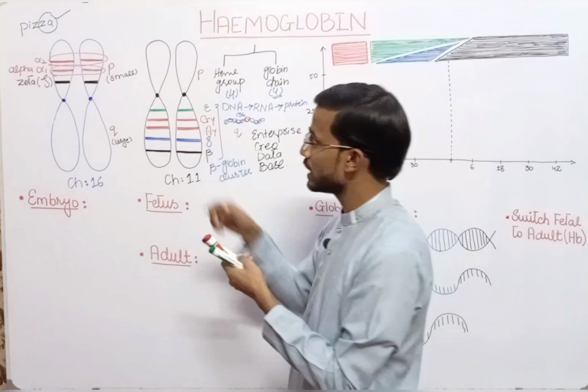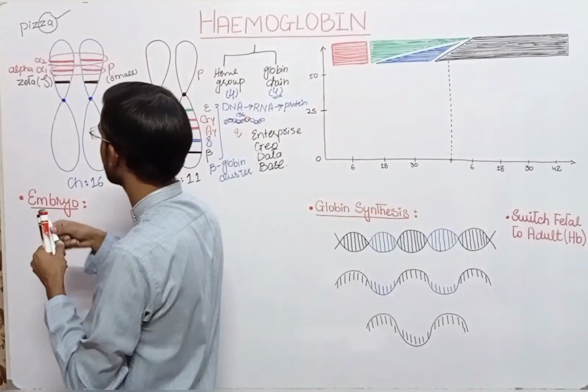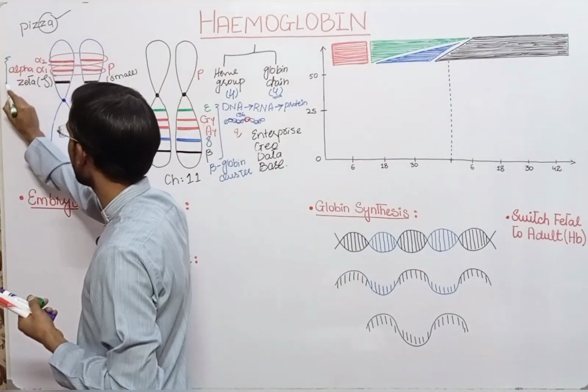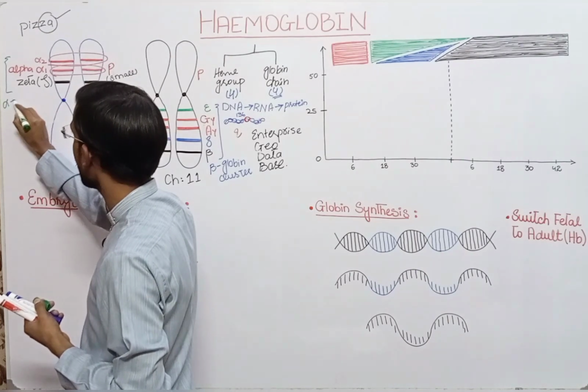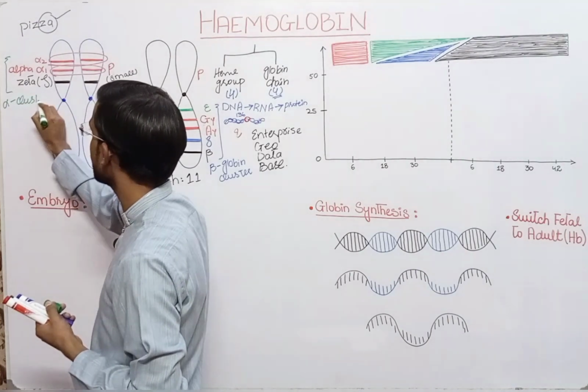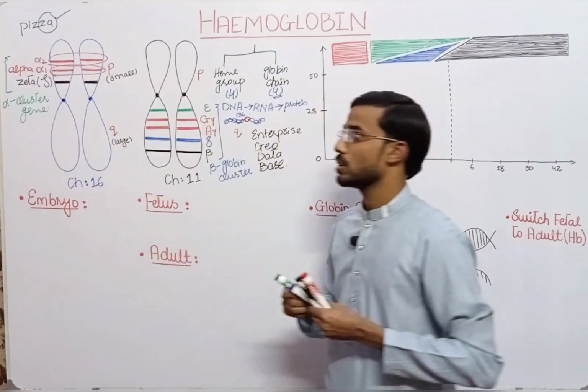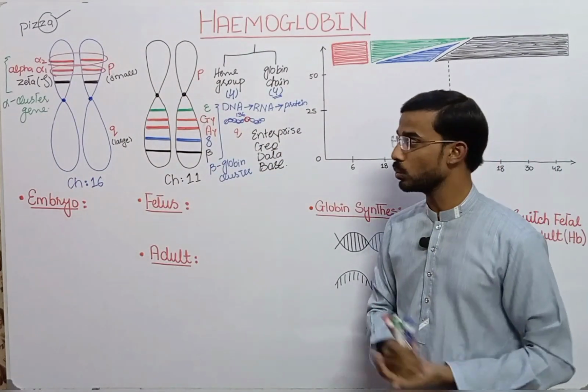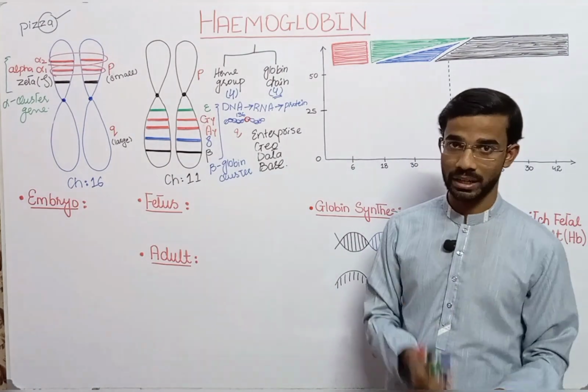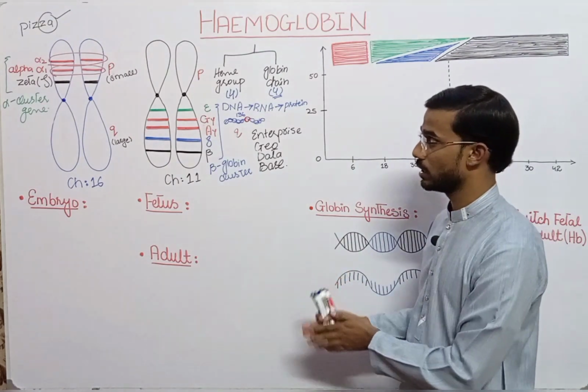But here you can see alpha and zeta form a cluster which is called the alpha gene cluster. So these are basically the two gene clusters, the alpha gene cluster and the beta gene cluster.